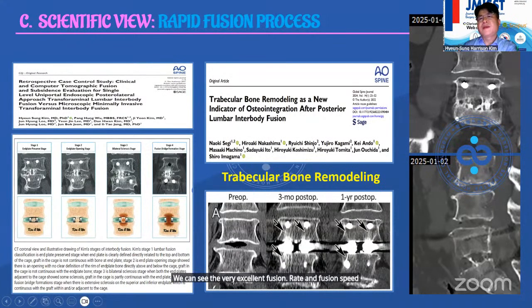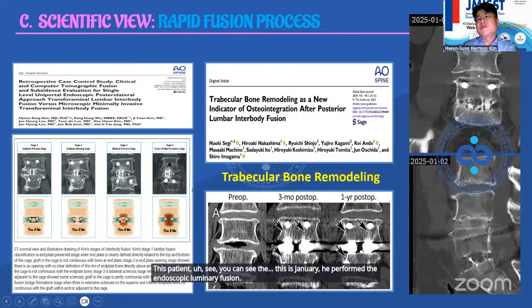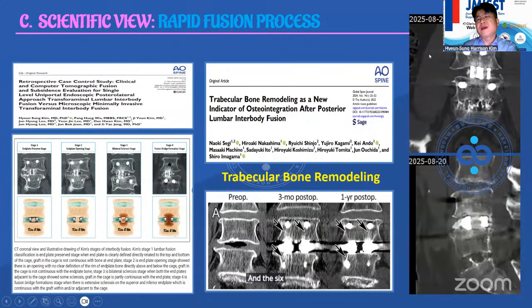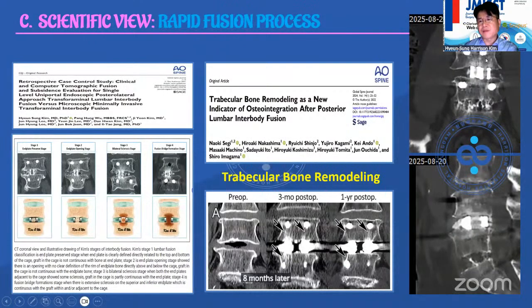You can see this patient performed endoscopic lumbar interbody fusion this January. And 8 months later, you can see the whole fusion bed already completed, in spite of the osteoporosis.